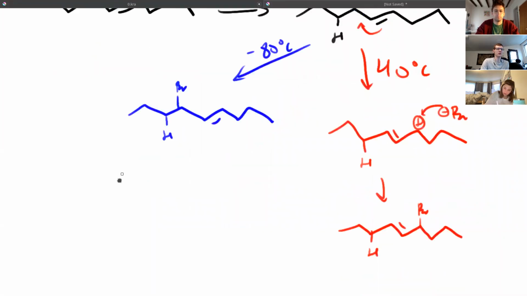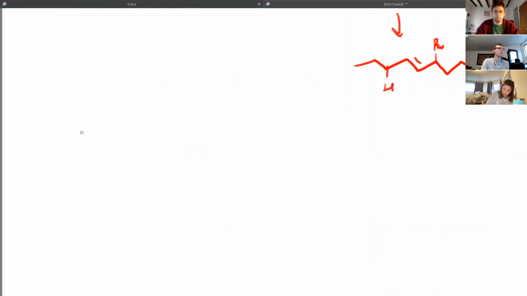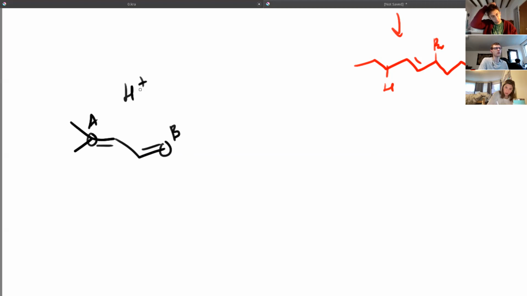So maybe let me give a different example. In a case like this, let's say like that. In a case like this, we know that the hydrogen is going to land on either of these 2. So there's A or B. And we know that the hydrogen is positive, right?